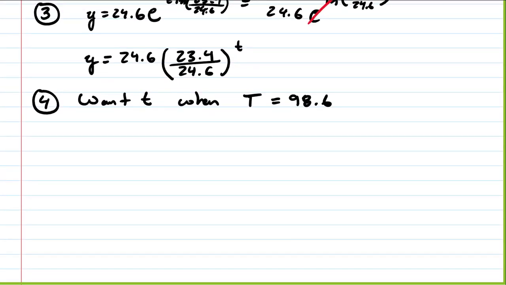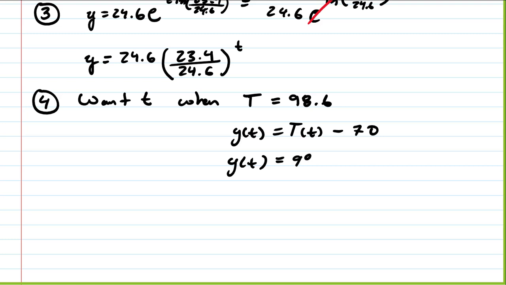So we know y of t is equal to T of t minus 70. So y of t is going to be, we want to find this when it's 98.6 take away 70, so 28.6.